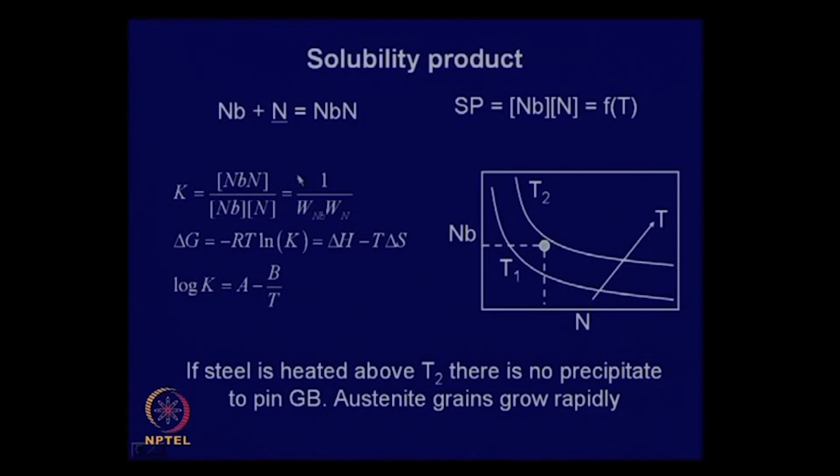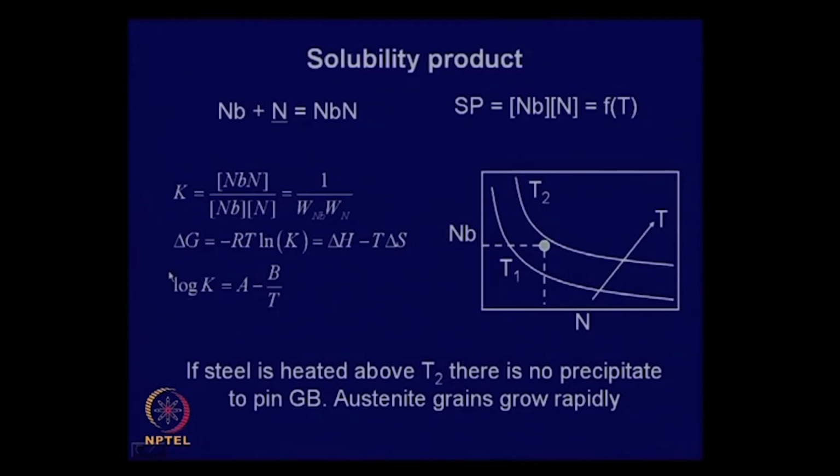We can assume that this activity is 1, and since the others are present in very small amounts, we can say that their activity is proportional to the weight fractions of the respective elements, that is, weight fraction niobium and weight fraction nitrogen. And we know that this equilibrium constant is related to the standard free energy for this particular reaction, and with this it is possible to show that the log of this solubility product will be proportional to this.